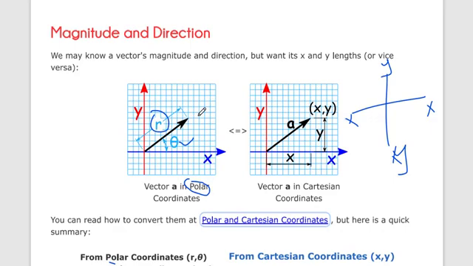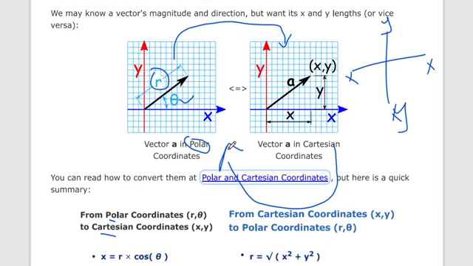Okay. So in exam sometimes you are given the vector which is represented with the angle theta and r. So it will be in polar coordinate. So we want to transfer this polar coordinate into Cartesian coordinate, or if we want to transfer a Cartesian coordinate vector into polar coordinate. So how do we transfer?